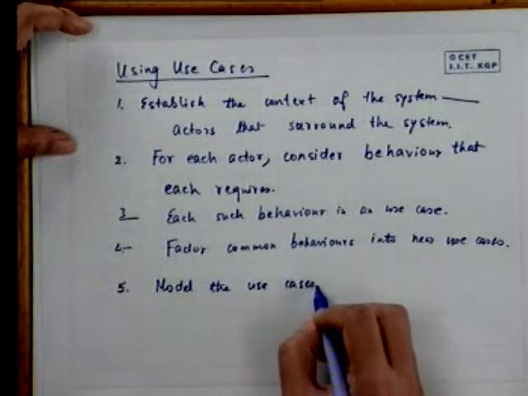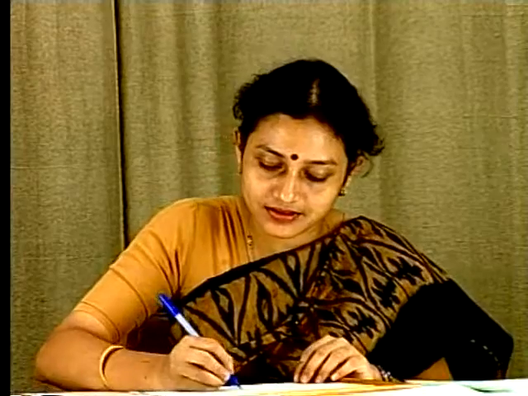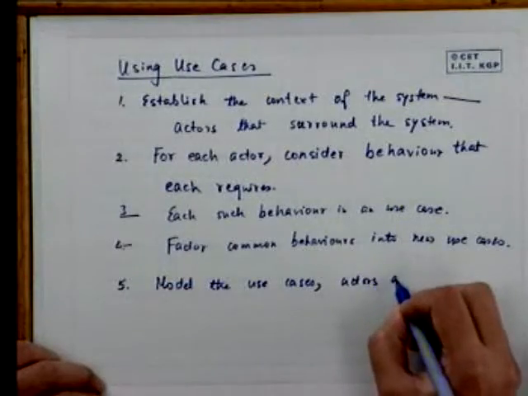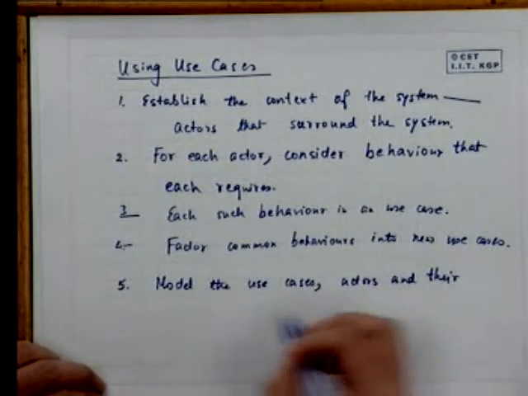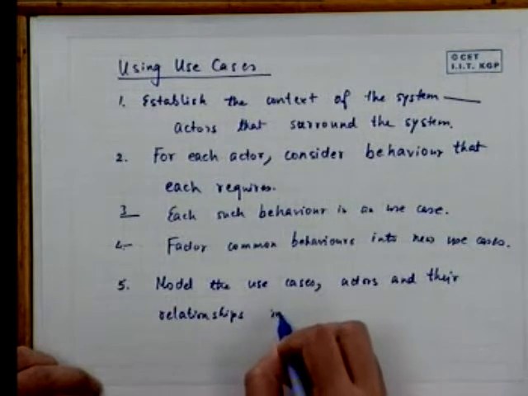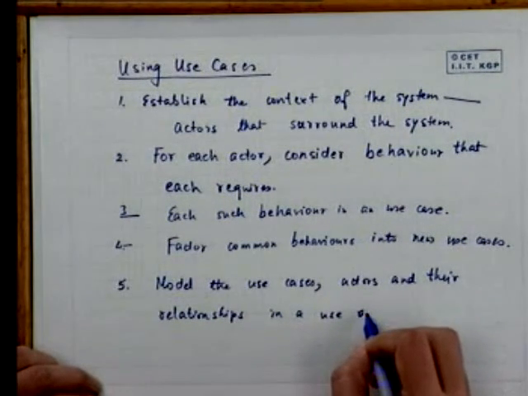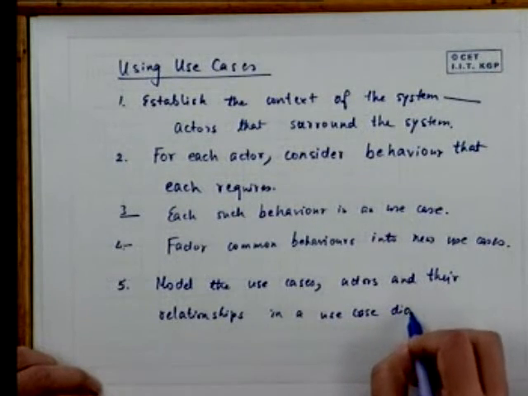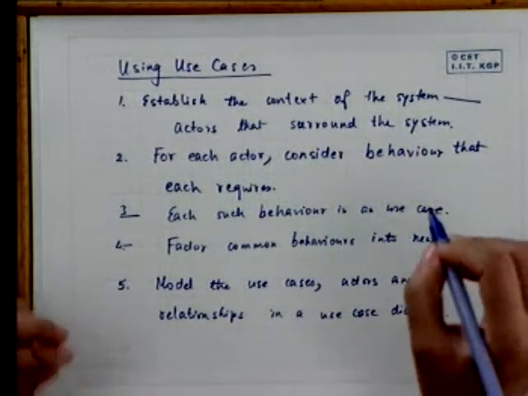So after the various use cases of the system have been identified, these use cases, the actors, and the relationships between them are captured in a use case diagram for the system. Then we may need to add certain notes to these use cases in the use case diagrams explaining the function of each use case.